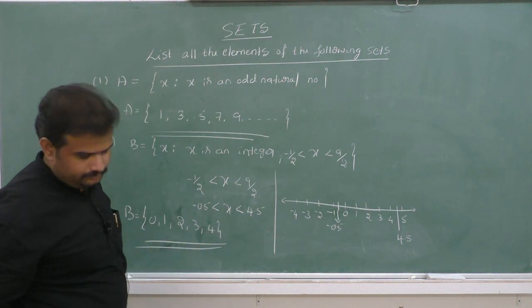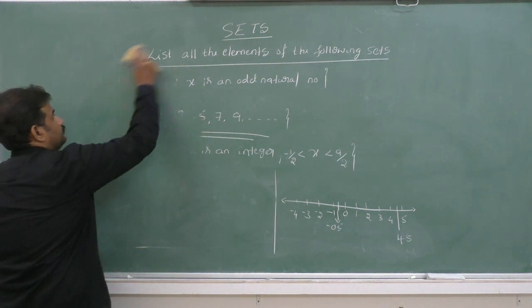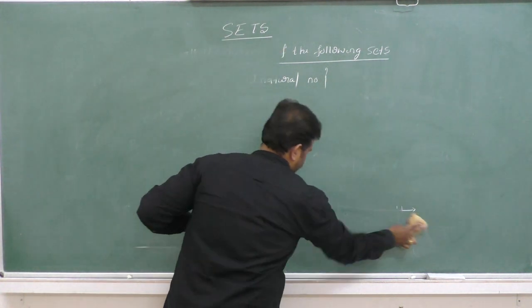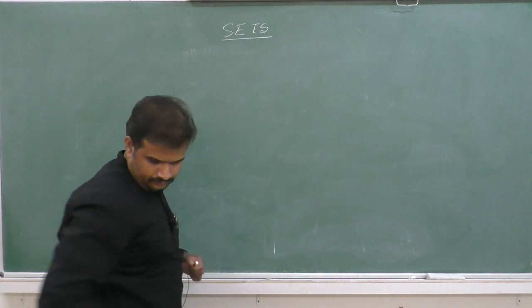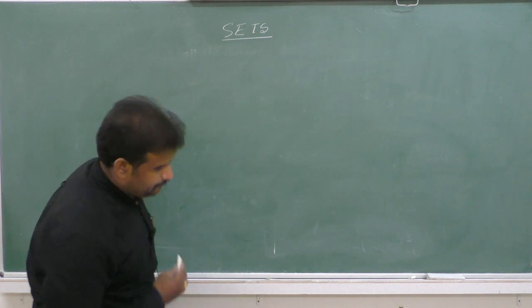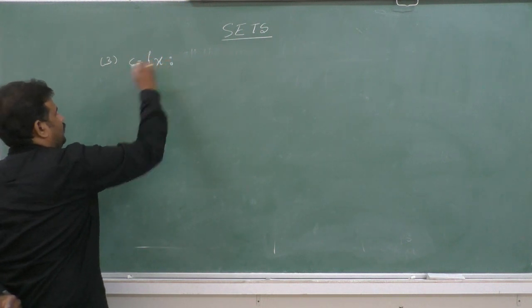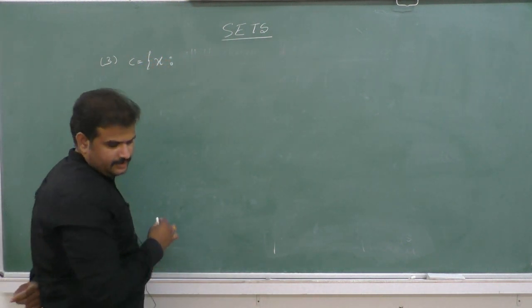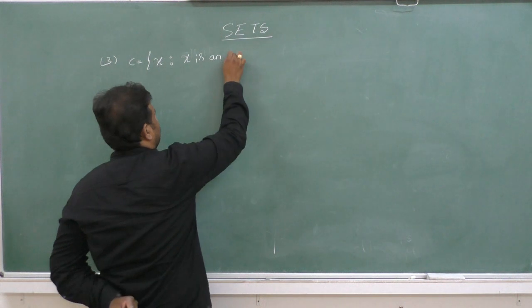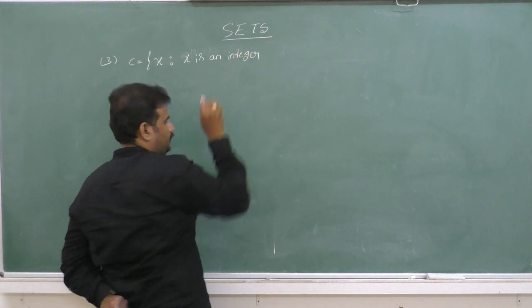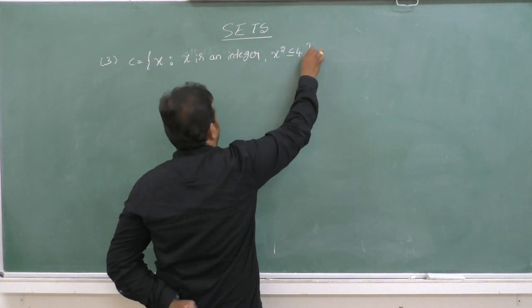Next. Third problem, C is given as the set of all elements x such that x is an integer, comma, x square is less than or equal to 4.